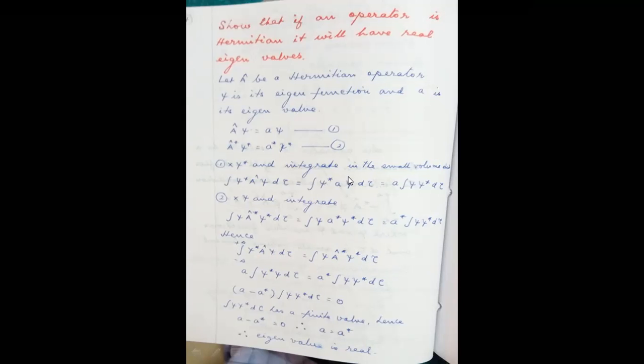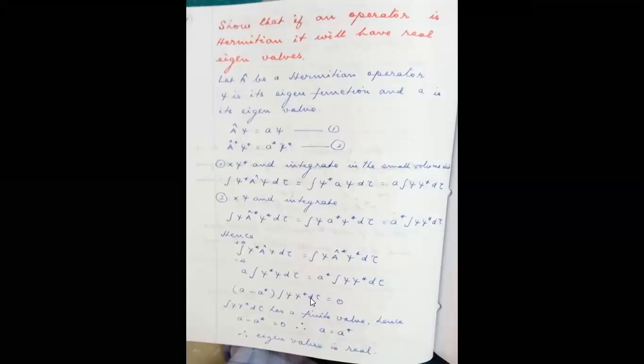So these two things are supposed to be equal. So if these are equal, then the A star can be taken to the other side with a negative sign. I can write A minus A star times integral psi star psi d tau is equal to 0.